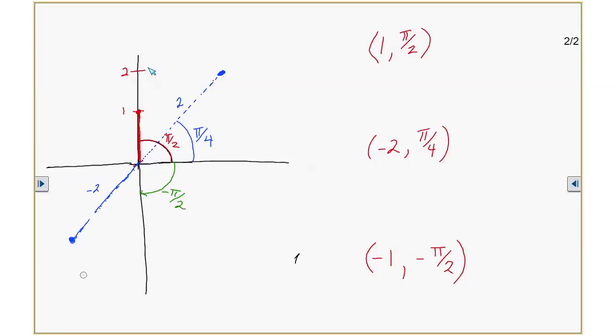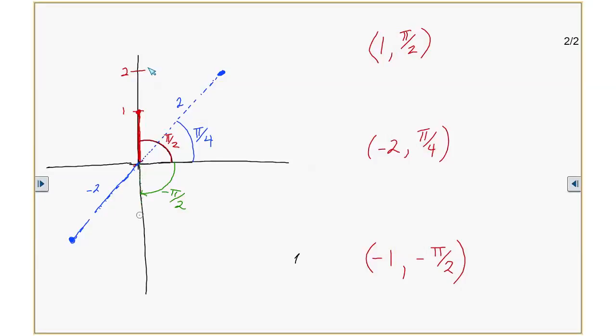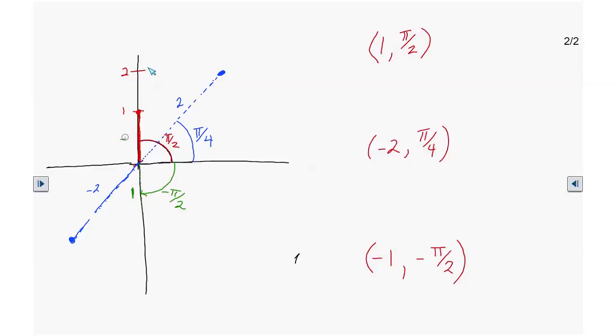And then it wants to go -1, but since this direction is going this way, this is +1. And if I go back this way, I end up, hold on, I think I've put something down wrong. Yeah, this way is +1, so this way would be what?